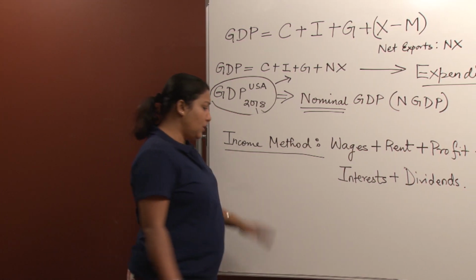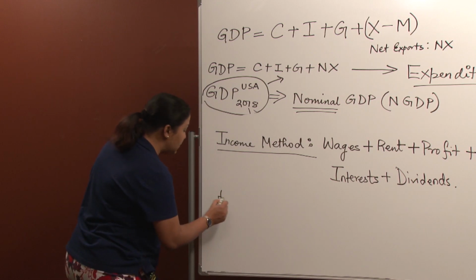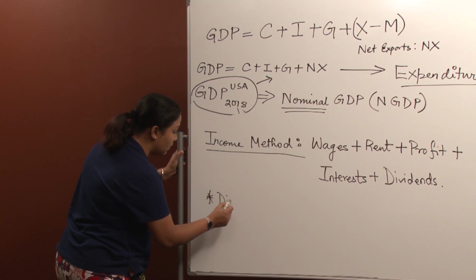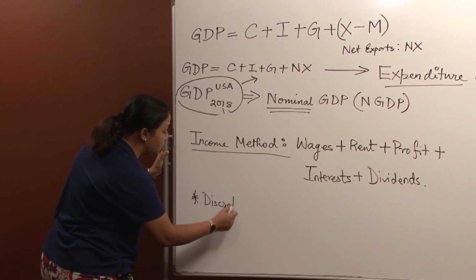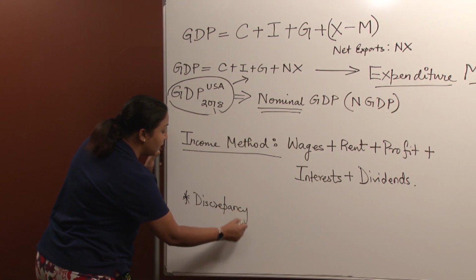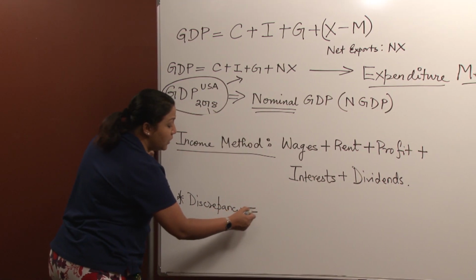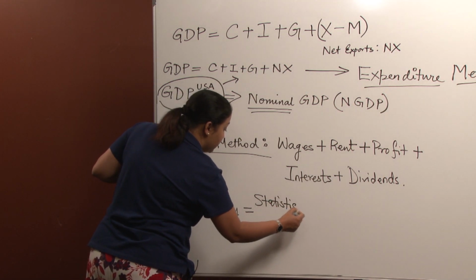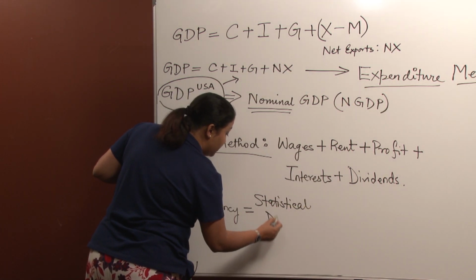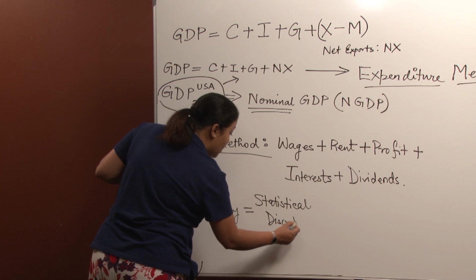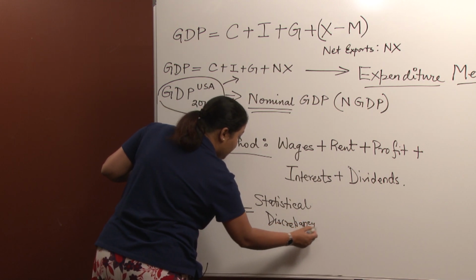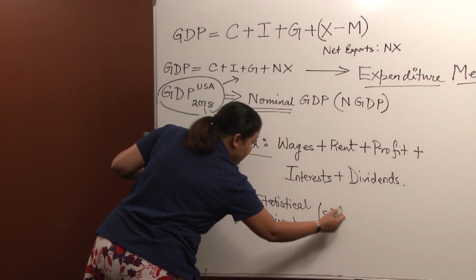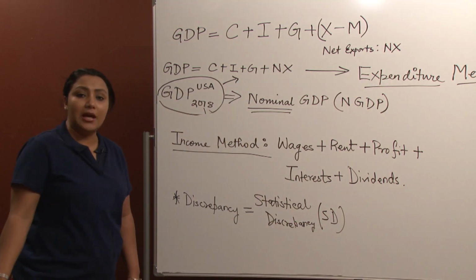However, there may be some numerical discrepancy, and that discrepancy is known as statistical discrepancy or SD.